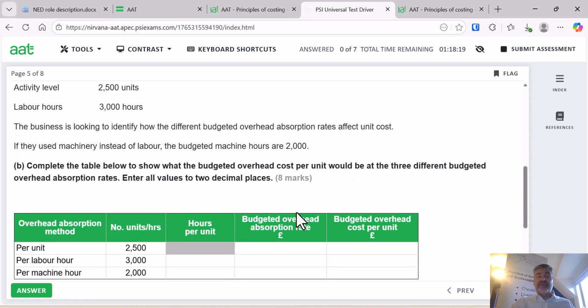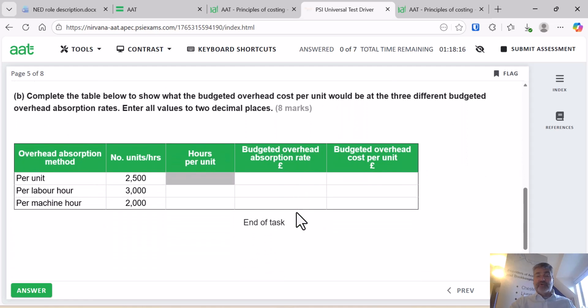The activity level is 2,500 cost units. So how many labour hours, if the budget is for 3,000 labour hours in the period, does it take to make one cost unit? We can take the 3,000 and divide by the 2,500 units, and that gives us 1.2 hours.